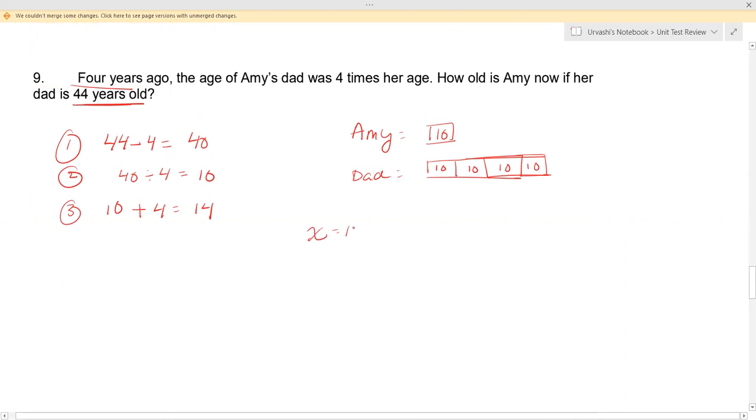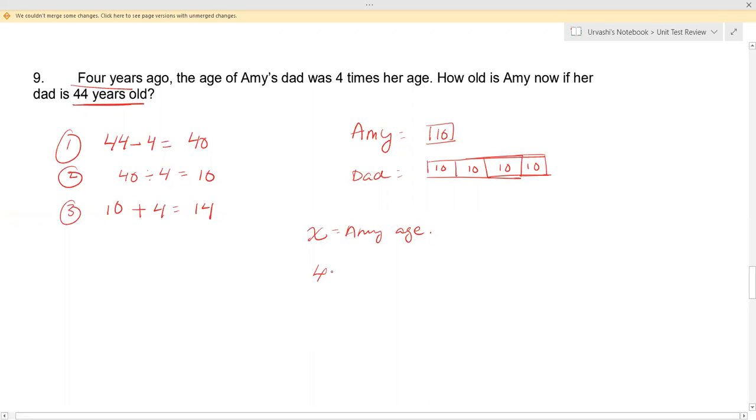This piece I marked is now, and before is 4 years. The 4 on this line means 4 years ago, and that's when her dad was 40 years old. And then I divided 40 by 10.